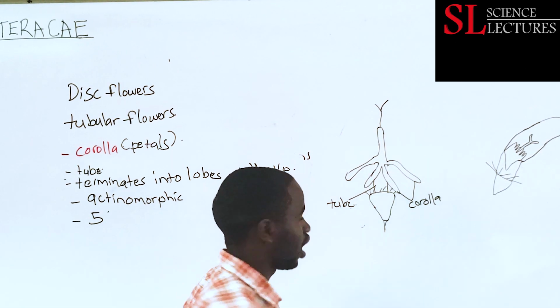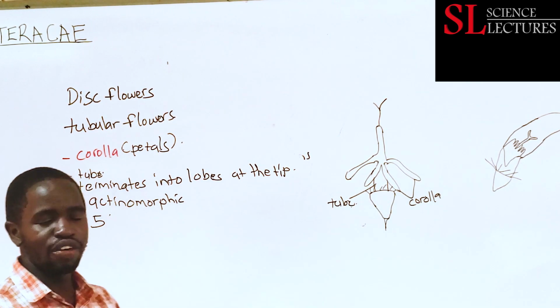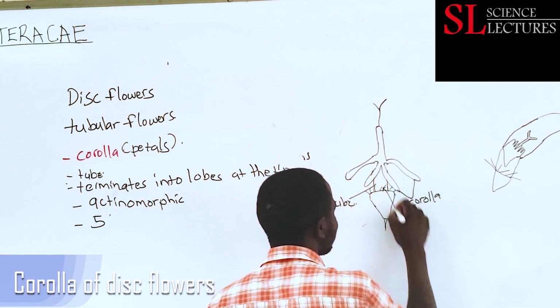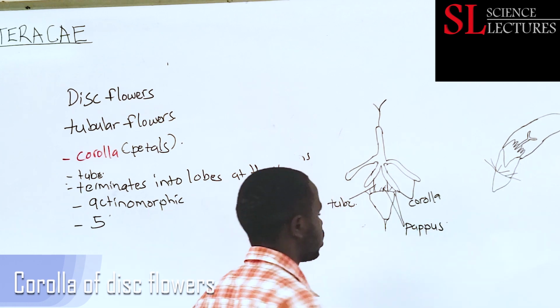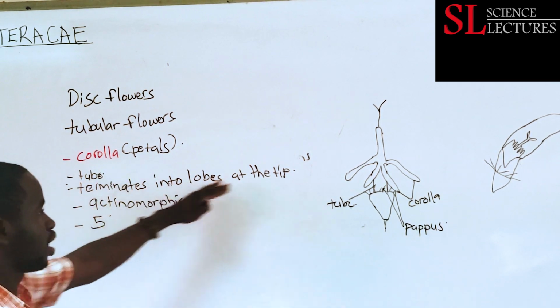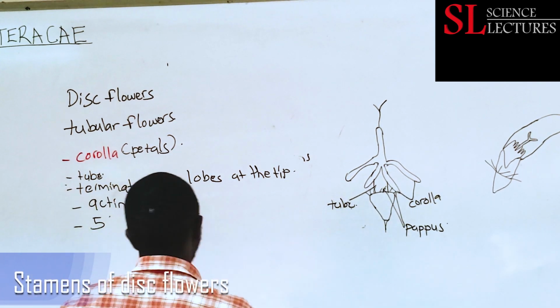These are the lobes that you are seeing, and it is actinomorphic. Actinomorphic means having very many lines of symmetry. Then these things that look like hairs are what we call the pappus, and we say the pappus is a modified calyx. The corolla is fused to form a tube that terminates into lobes, and it is actinomorphic and usually 5.